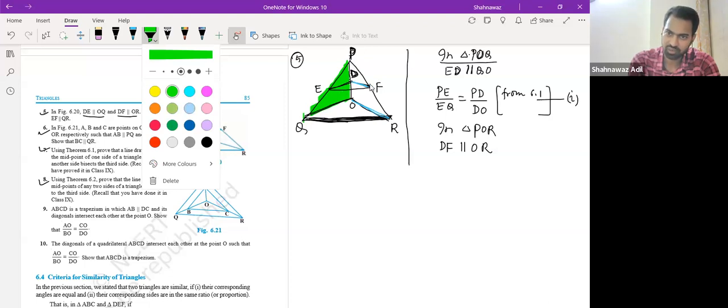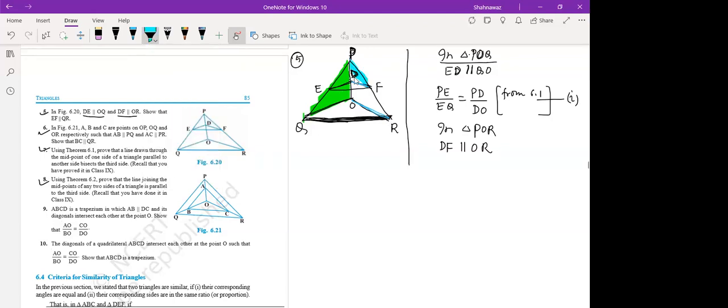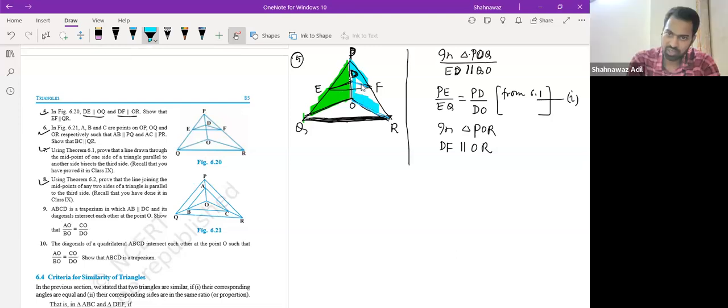If I take PF, then the rest one is FR. PF by FR, that is the ratio, right? So PF by FR would be equal to the ratio of the other side.